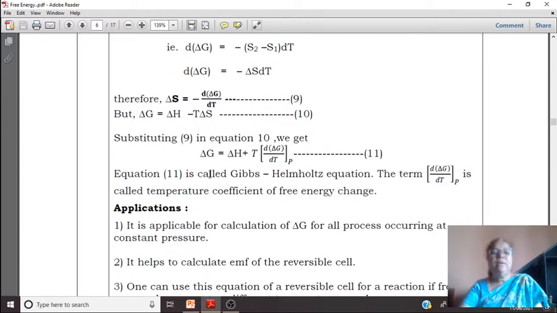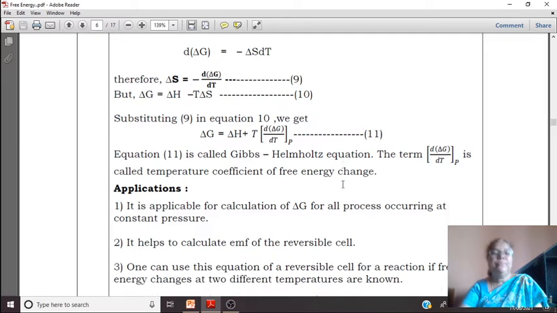This equation 11 is called the Gibbs-Helmholtz equation, and this term d of delta G by dT at constant P is called the temperature coefficient of free energy change.